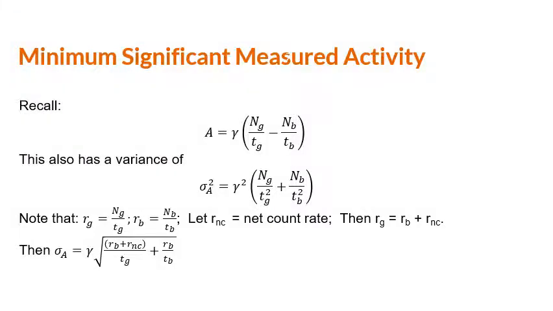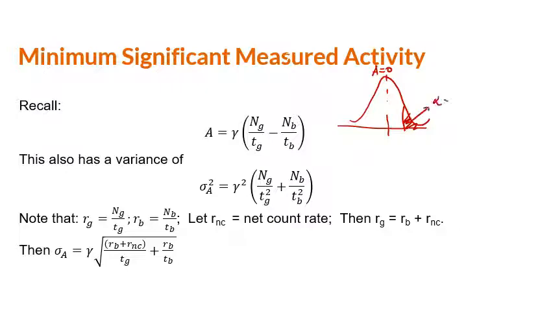Okay, let's now proceed to the calculation of your minimum significant measured activity. So, if you recall, ito yung meron kang A equals 0 in reality, tapos maglalagay tayo ng cutoff dun sa region na kung saan ang area ay nitong right tail ng ating normal probability distribution.